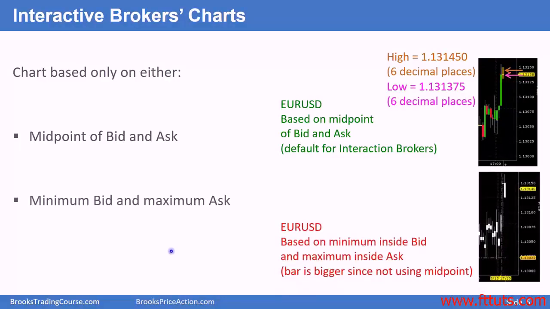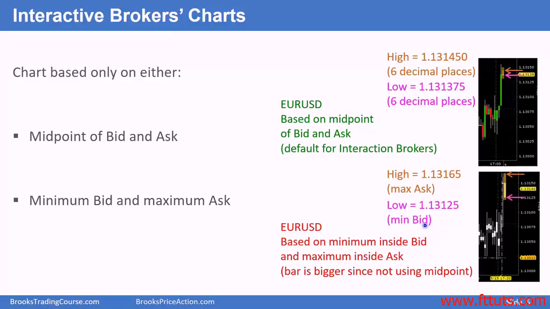And then they also create charts based upon the minimum bid and the maximum ask. The bar is bigger because it's not using a midpoint, it's using the bid and ask. And the high of this chart is here at 16.5 pips, and here is 14.5 pips.